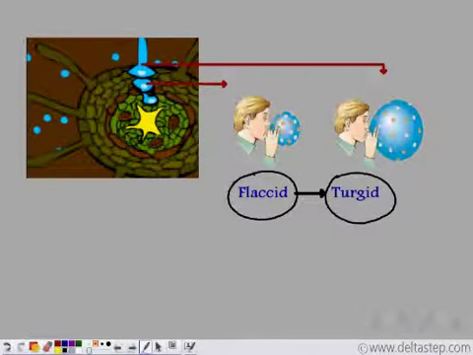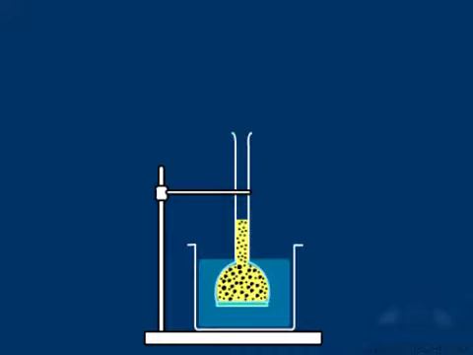Now, how does the water move from the turgid cell to the flaccid cell? We'll see. So how does the water move during osmosis? Well, take a tube of sucrose solution and place it in a water-filled beaker.